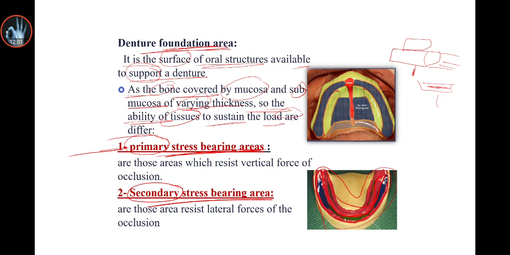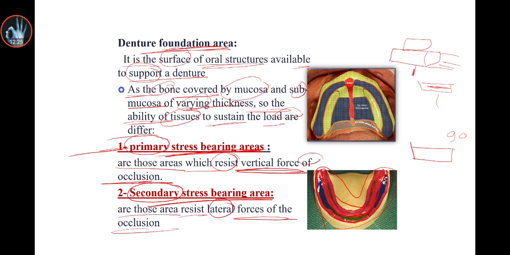So the primary stress bearing area, those areas which resist vertical force of the occlusion. So they are creating like 90 degree to the force of the denture. And the secondary stress bearing area are those which resist lateral force of the occlusion.